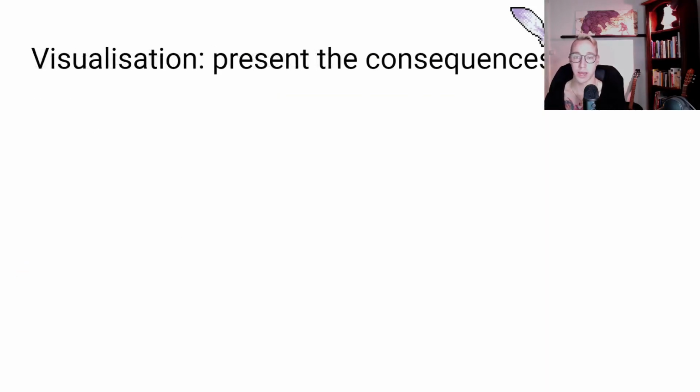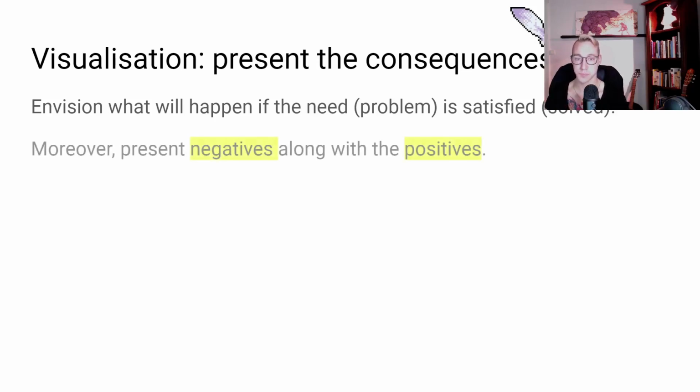Next up, we have the visualization step, where you will present the consequences of this need and the entire topic that you're talking about. You are going to envision what will happen once the audience have solved your problem, or in Monroe's motivated sequence terms, when they have satisfied the need.